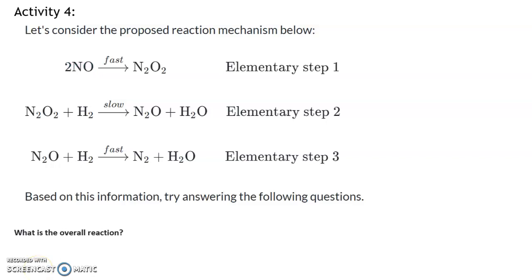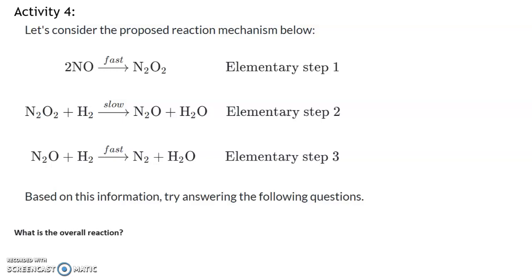So when we're trying to add up these elementary steps to create an overall reaction that explains our observations, we want to treat this somewhat similarly to the way we treated net ionic equations. So we're going to look for things that are on both sides of the reaction arrow. This should also remind you of when we were balancing redox reactions in acidic medium.